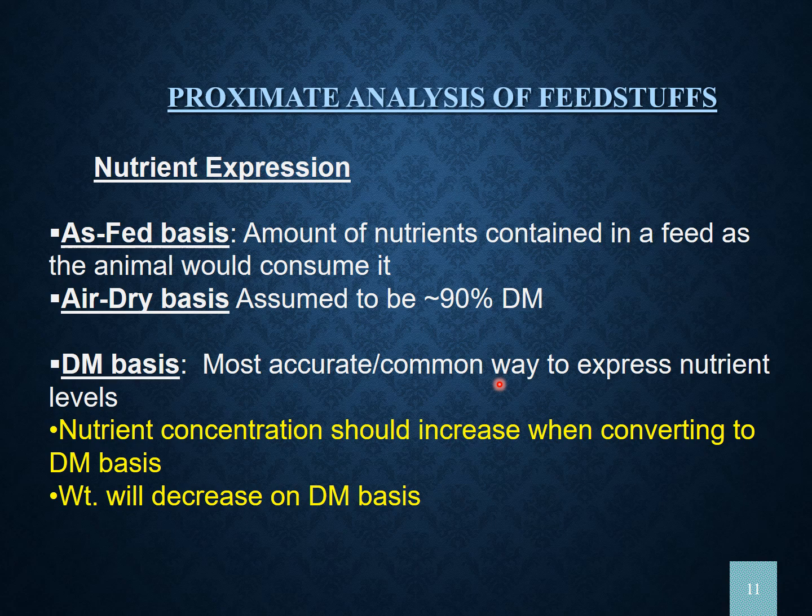So the accurate way to know the level of a certain nutrient, such as crude protein or fiber, is to express these nutrients on a dry matter basis. Remember that, okay? So the nutrient concentration should increase when converting to dry matter basis.